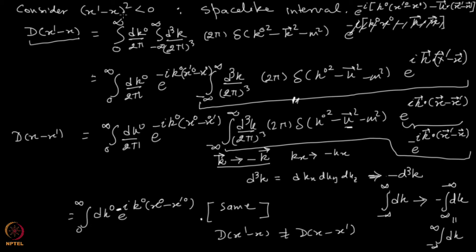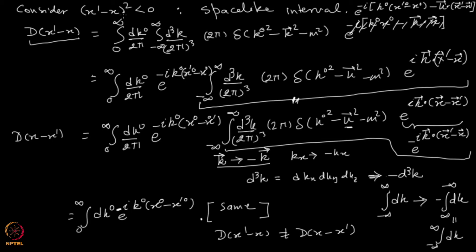Now, if the separation between two space-time points is space-like, it allows you to go to a frame where they happen simultaneously. There is no notion of which event happened first and which event happened later if the events are separated by a space-like interval.